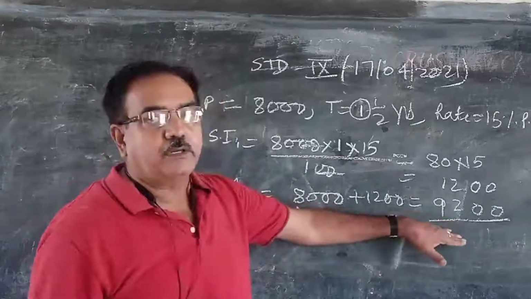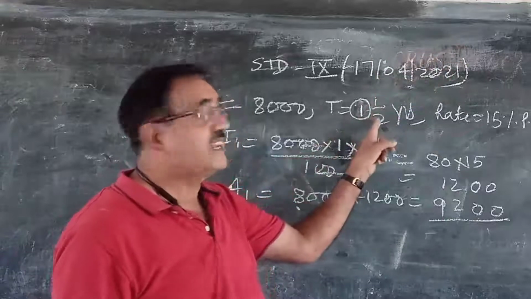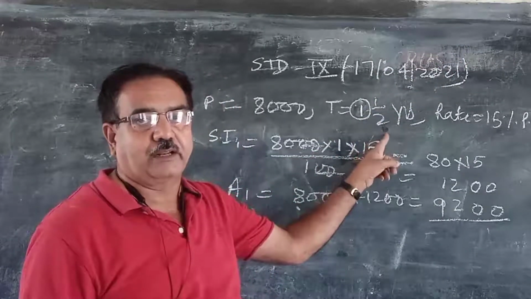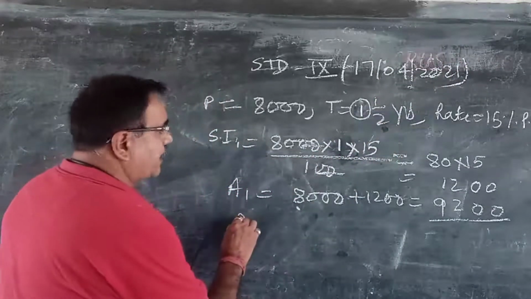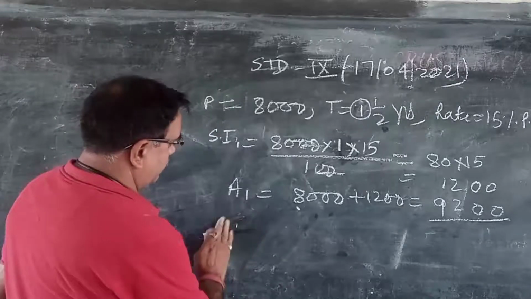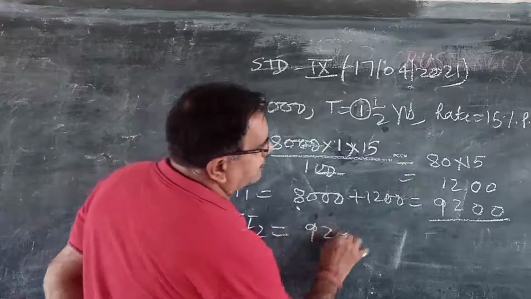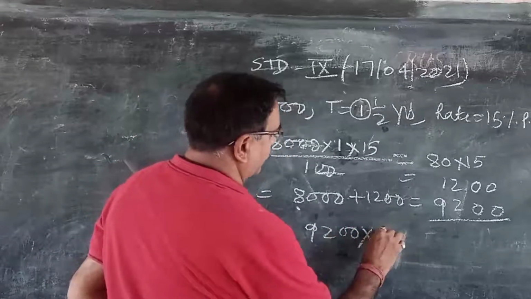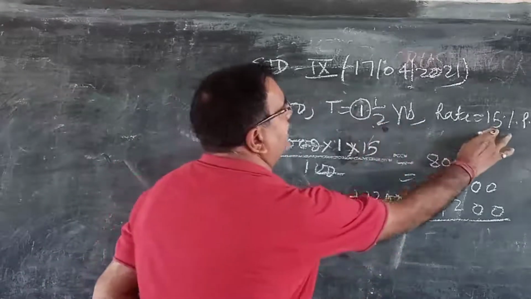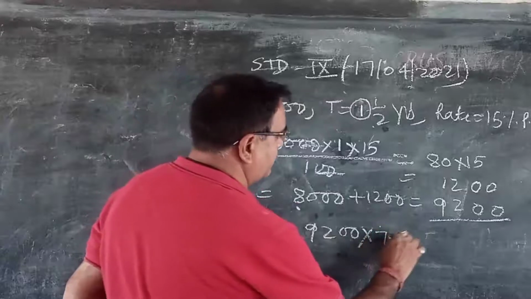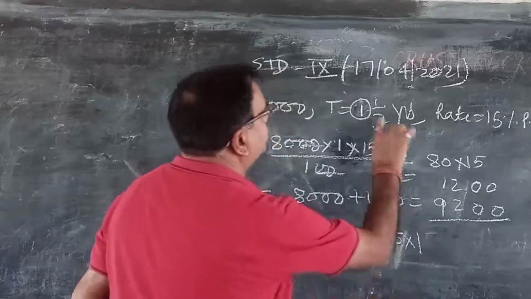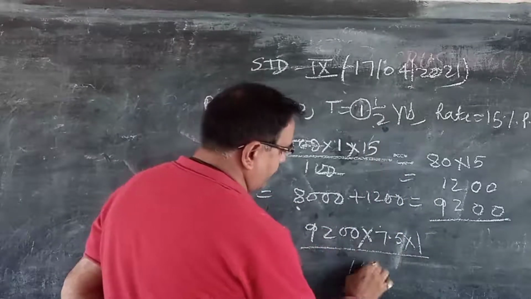Now this amount becomes principal for the next half, since a half year is now there. SI2, second half, principal is 90,200. Rate we will take half of the 15, means 7.5, and time half, 1 by 100.